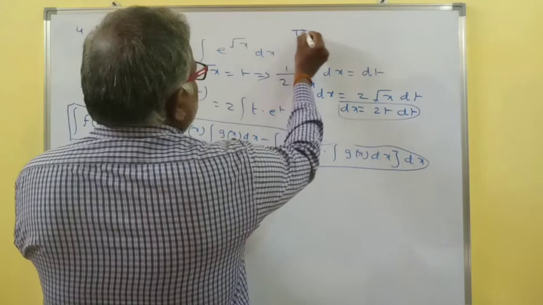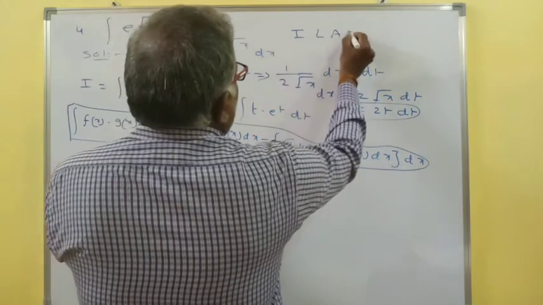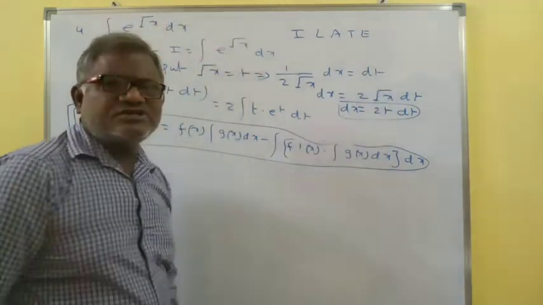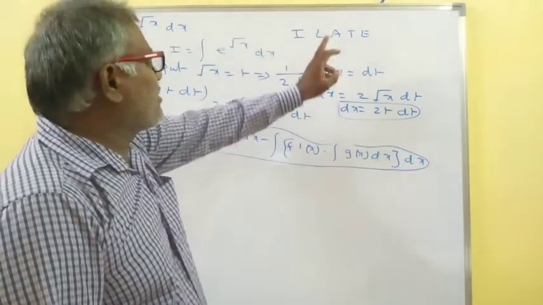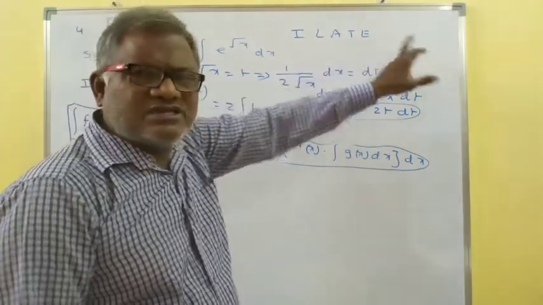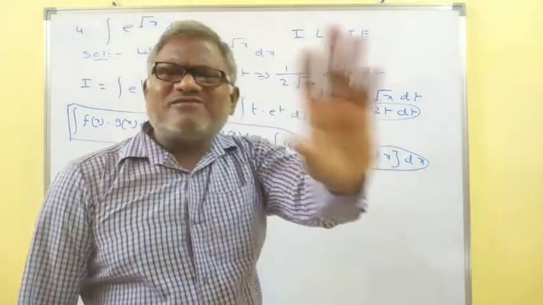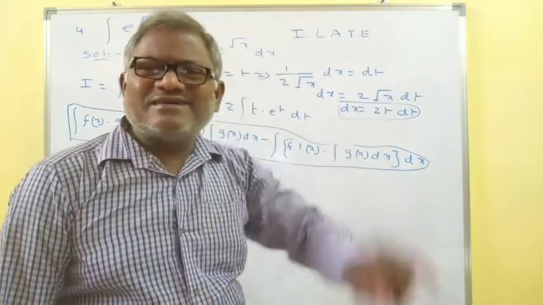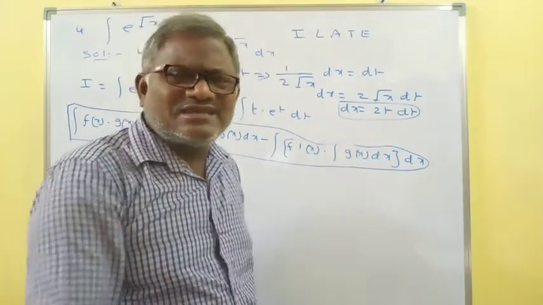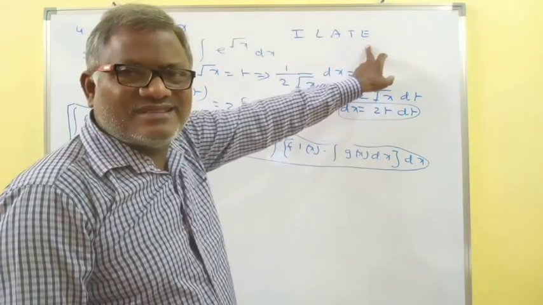Remember, always highlight this word always. Which is the first function, which is the second function? Remember, here the exponential function should always be the second function only. Why? Because that should be in the last word, so that should be in the last alphabet in this word.